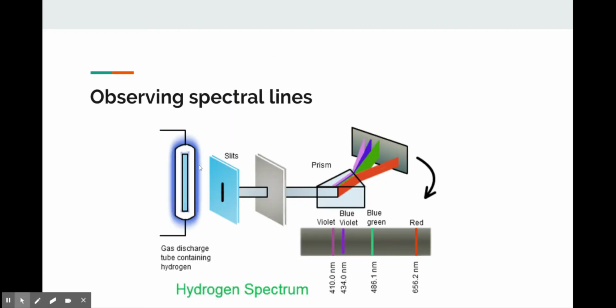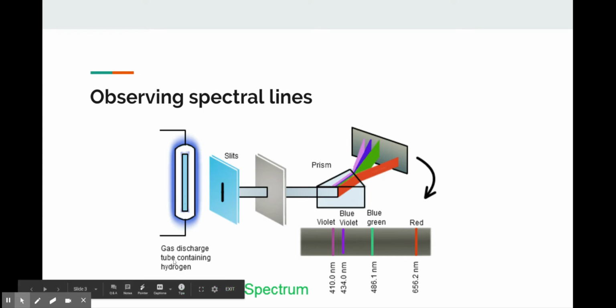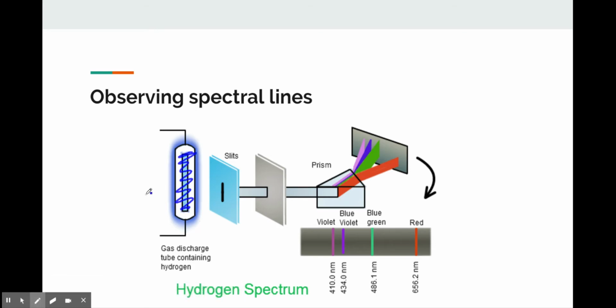So if we go back to this, if this happened to be not hydrogen, but maybe instead of having this whole business here, we replace it with a filament light bulb or light from the sun or something like that. And this light comes out and goes through these slits, we would expect to see the whole rainbow over here.